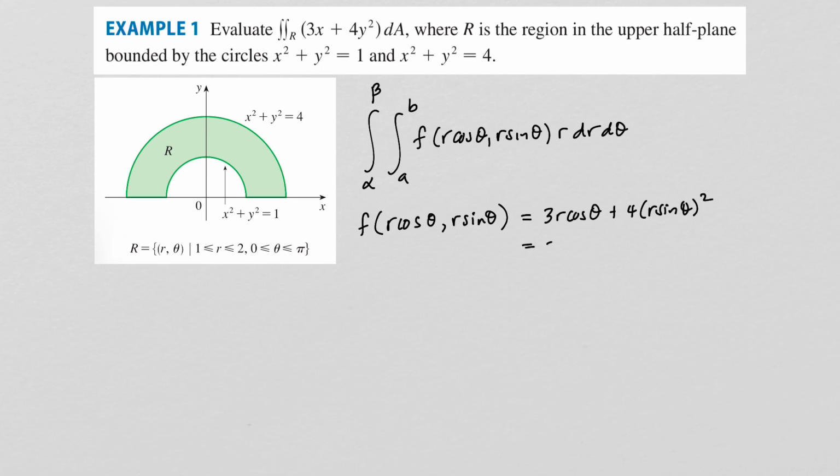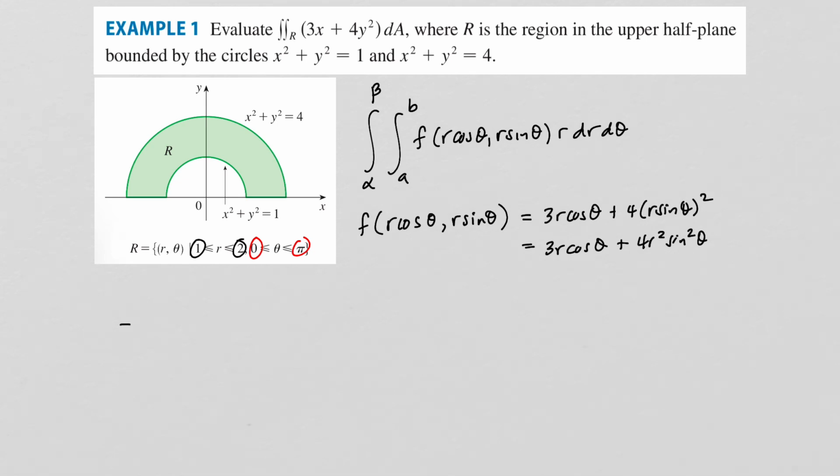And if we simplify this, this is 3r cosine theta plus 4r squared sine squared of theta. And then we know that a and b are 1 and 2, and alpha and beta are 0 and pi, respectively. And I think we are now ready to integrate. Let's just plug everything in.